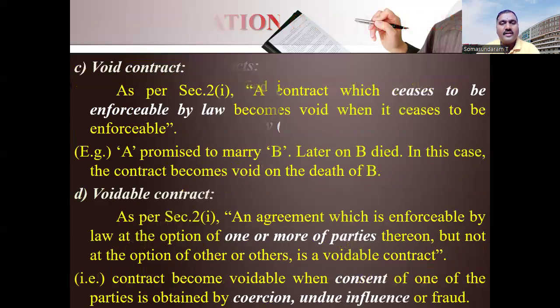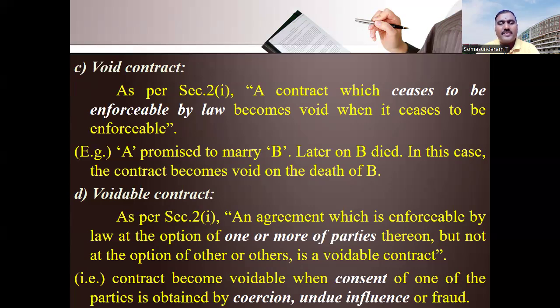The third category, according to enforceability, is void contract. That means, as per Section 2(j) of the Indian Contract Act, if any contract ceases, that means it is stopped as per the enforceable law, it is called a void contract. For example, a person promised that he will marry person B, but later person B has died.